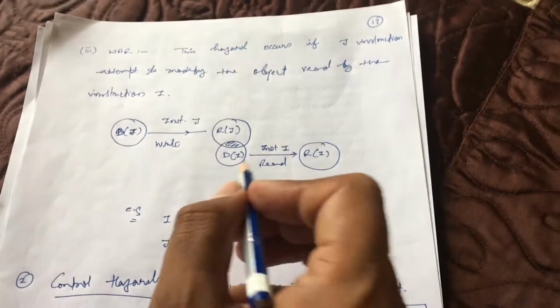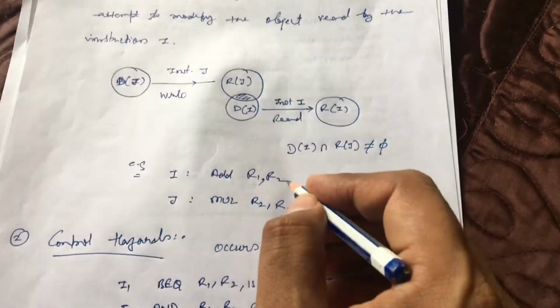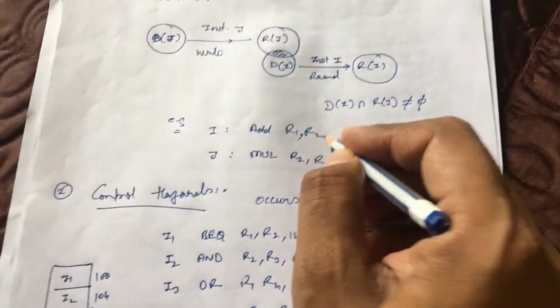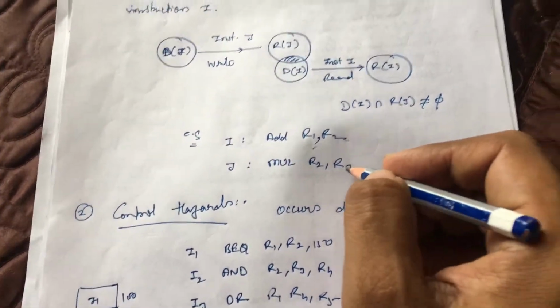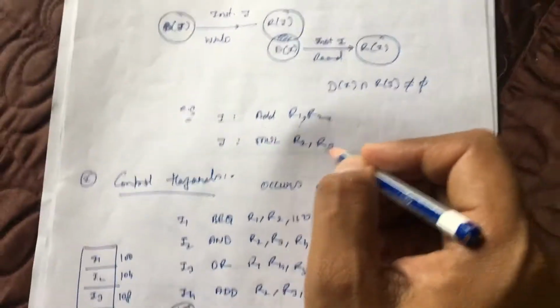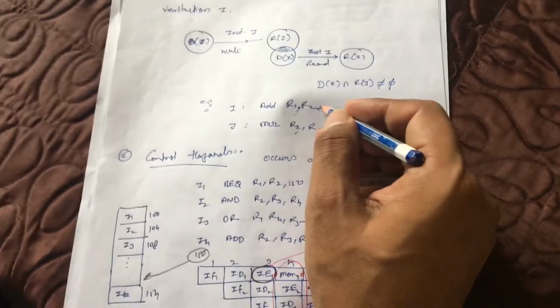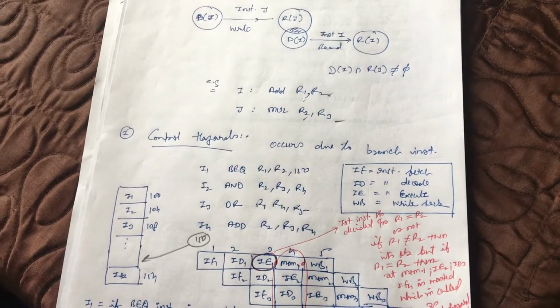So this kind of situation comes under the WAR hazard. For example, we can take R2, we are adding the content of R1 plus R2 into R1. On the other hand, we are multiplying the content of R3 into R2 and putting the content into R2. That means we are reading the content of R2 which has already changed. So this was about the data hazards.